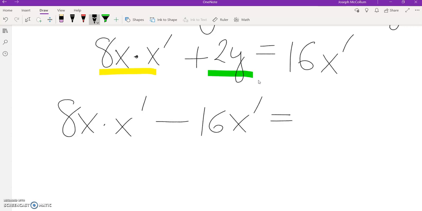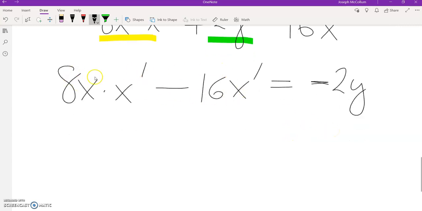But that 2y that's in green, I want to move it to the right-hand side because that 2y does not have an x prime multiplied by it. That's really what I'm looking for. If I have an expression multiplied by x prime, move it to the left. If it doesn't, move it to the right. I see three terms. 1, 2, 3 terms. I move 2 to the left and leave 1 on the right.